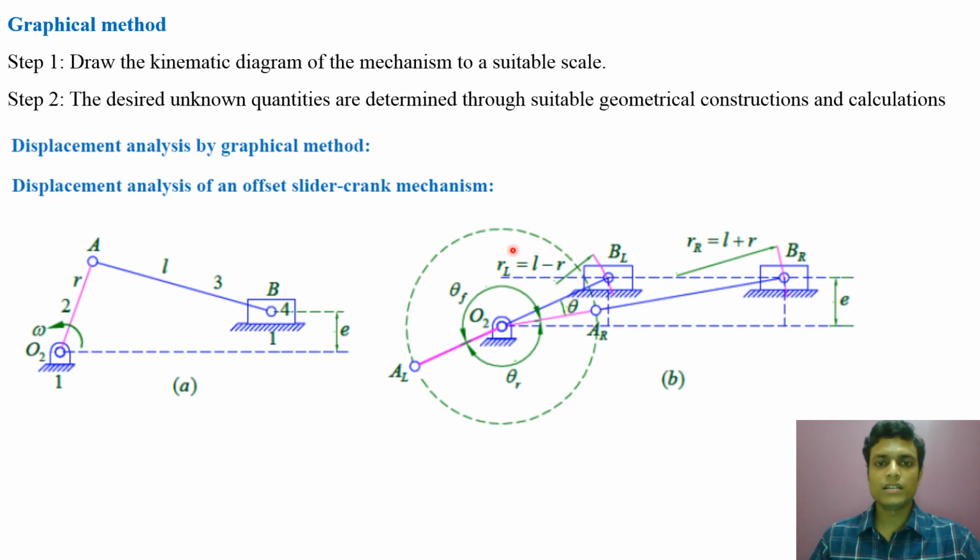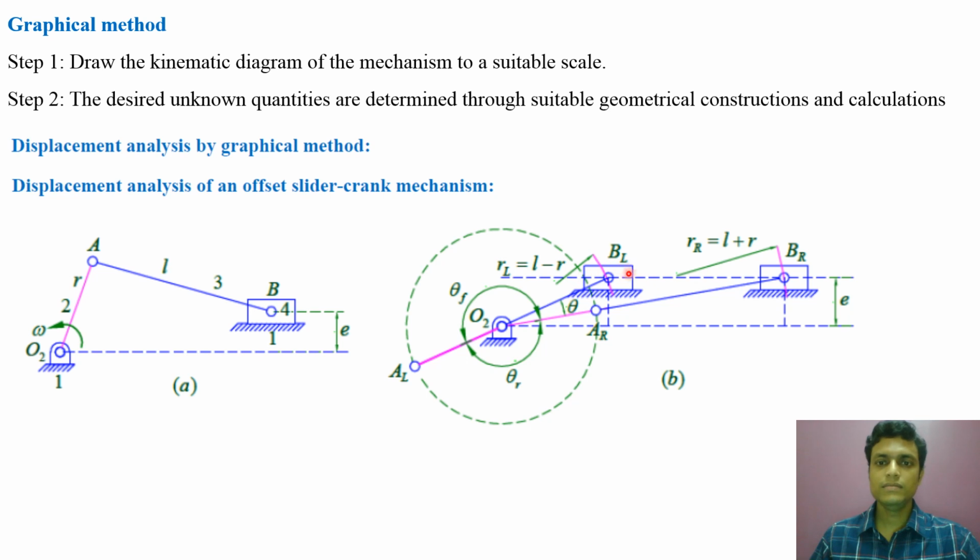At that position, the distance from crank center O2 will be L minus R. So similarly, we'll draw another arc with radius L minus R at center O2, and that cuts the axis of the slider at point BL.